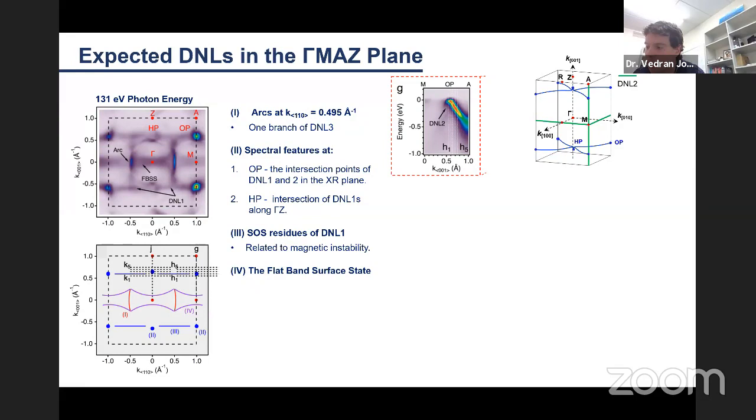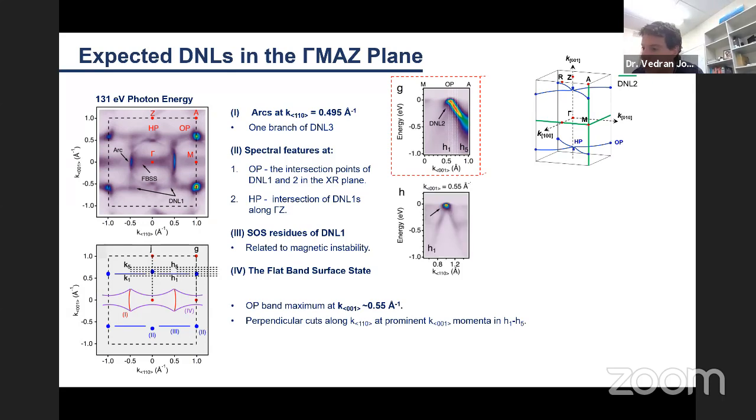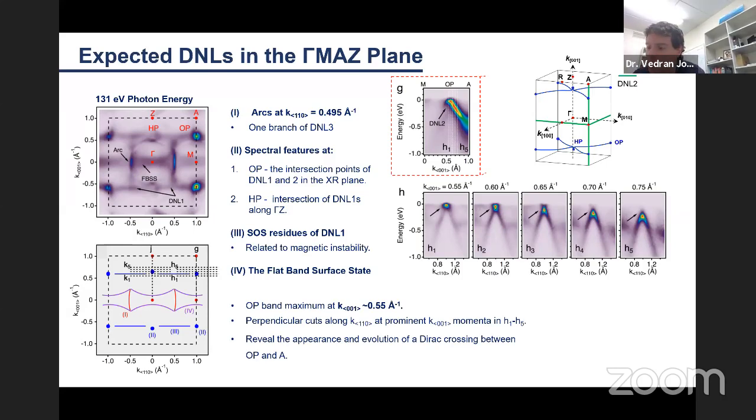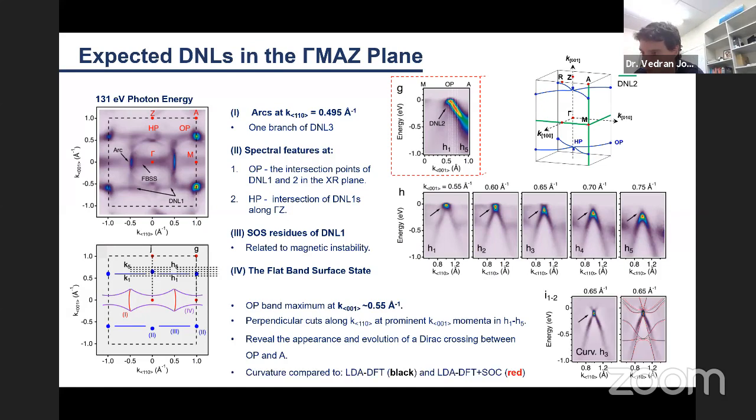If we take perpendicular cuts at the prominent momenta shown by the white lines in the top figure G, and we plot them here as H1 through to H5, they reveal for us the appearance and evolution of the Dirac crossing at OP and A. And then the curvature displayed in the panels exemplifies this crossing and shows excellent agreement with the DFT predictions in the earlier plot that I showed you.